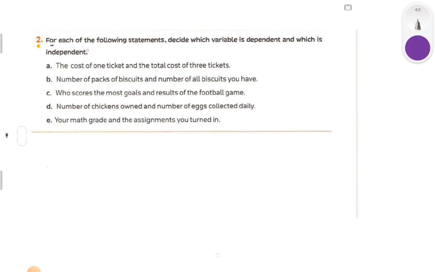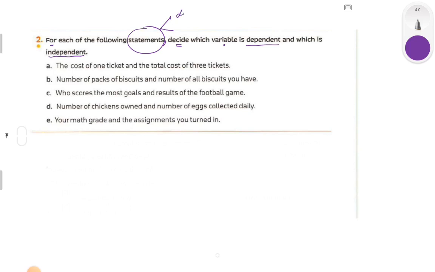For each of the following statements, so we have 1, 2, 3, 4, 5 statements, decide which variable is dependent and which is independent. So every statement has two variables.